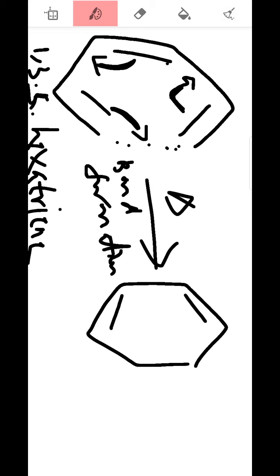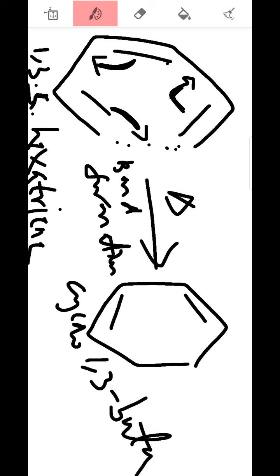So this is electrocyclic. Now if you look at this product, it is cyclo-1,3-hexadiene. I'm sorry, hexadiene.